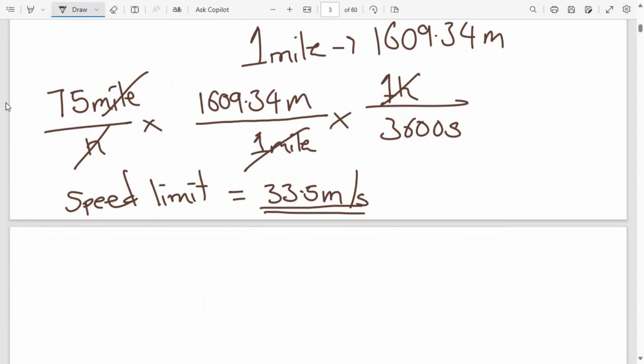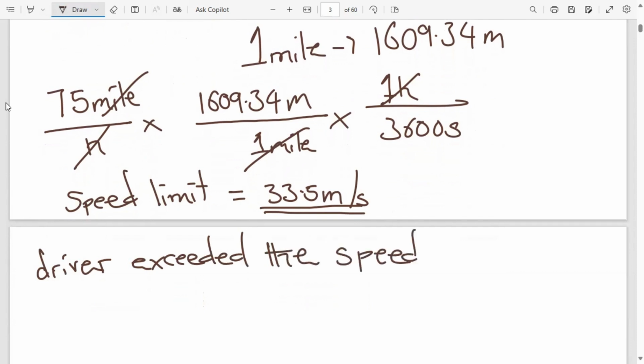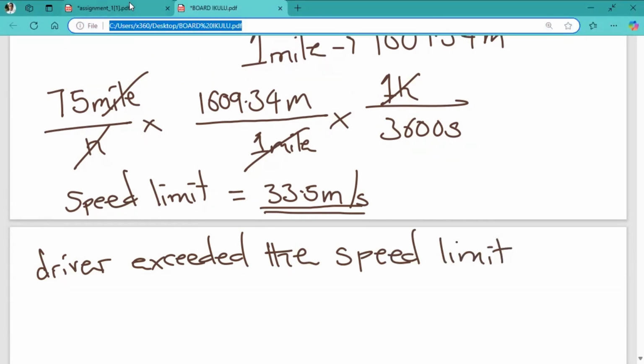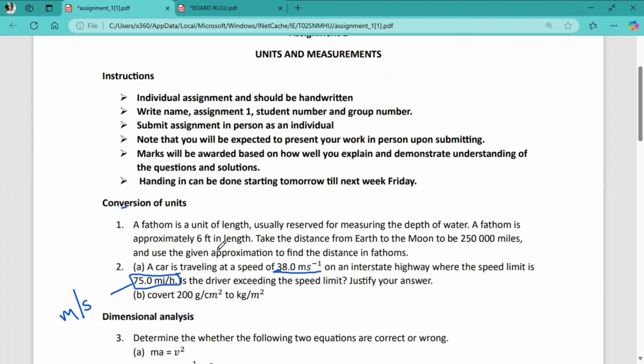So we say the driver exceeded the speed limit, like that. The question was asking, is the driver exceeding the speed limit? Yes, justify your answer. We've just justified it.